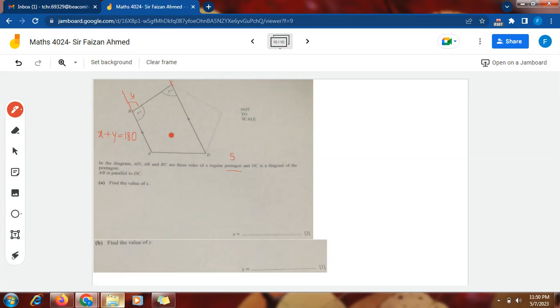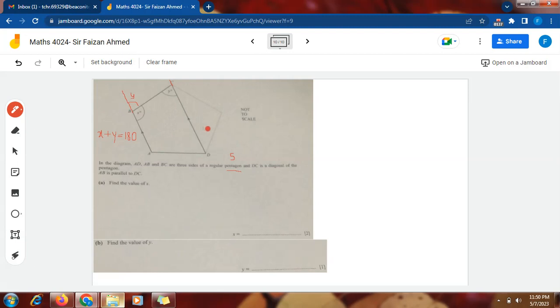Since we know that this is a regular pentagon and a pentagon has five sides, this is the first side BC, this is AB, this is AD. To complete this figure, I just draw roughly two more sides. It is not required, but since I am trying to explain this question, I have drawn these two sides to make it a pentagon.